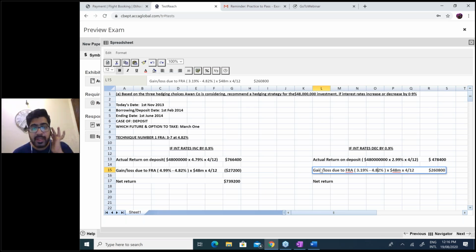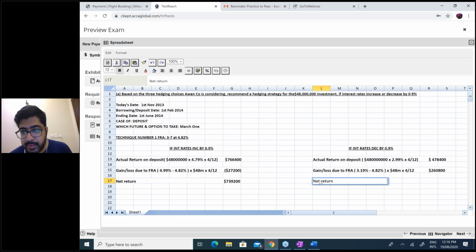So did rate blocking give you gain or loss? More rate, gain. What to do with gain? Gain increases return, so add it. The net answer would be 739,200, and it's compulsory that both options, increase and decrease, produce the same answer. Only then is your solution all right in FRA.